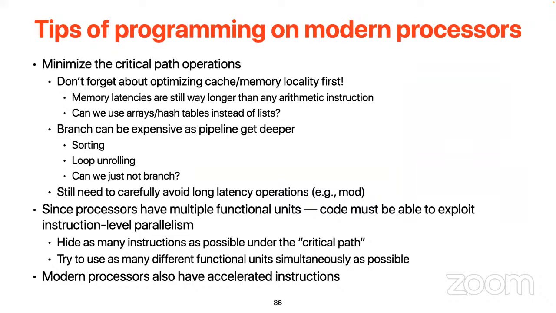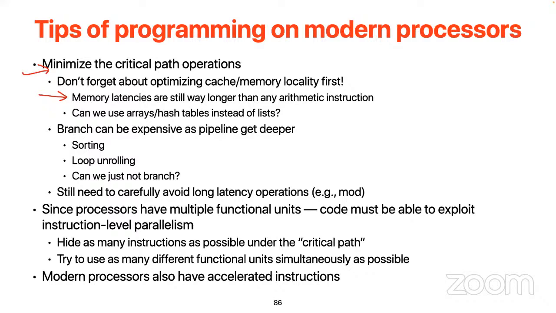So if you really want to fully utilize the hardware resources we have right now, it's really important that we learn how to figure out the critical path of your program. And based on that, if the critical path is falling on memory instructions, can we make the memory behave better?